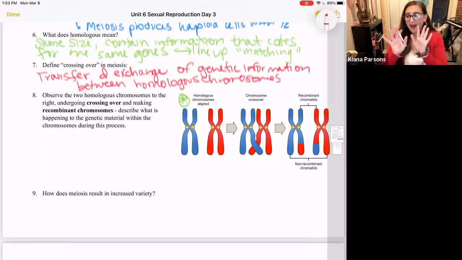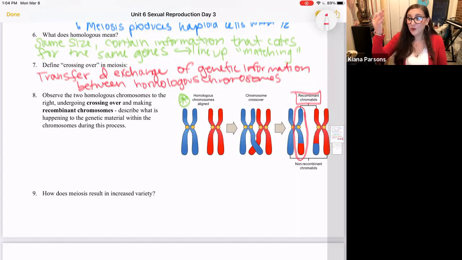And this is how two siblings that have the exact same two parents, or let's say two parents really are on their reproduction game and they have 12 kids, none of those 12 kids will be exactly identical, in large part due to meiosis and crossing over in meiosis, which creates recombinant chromatids, which means this chromatid has genetic information from both homologous chromosomes to create a totally brand new chromatid that has a unique combination of genes that has never existed before.